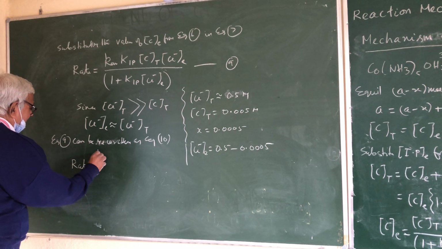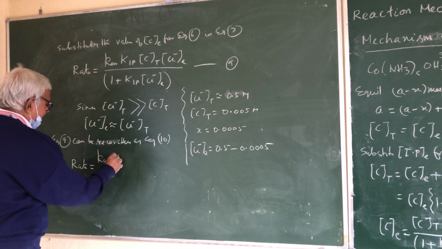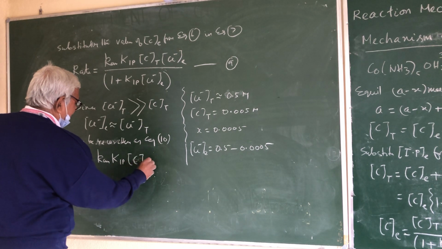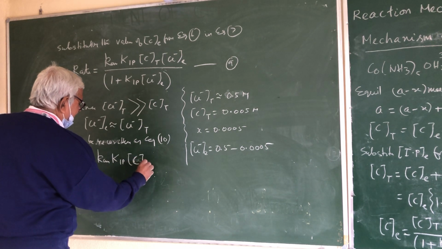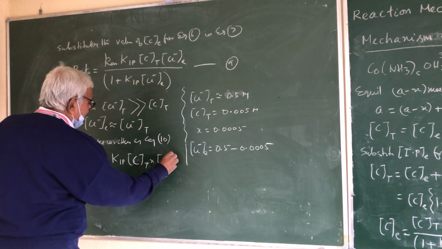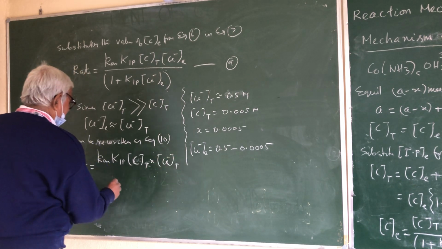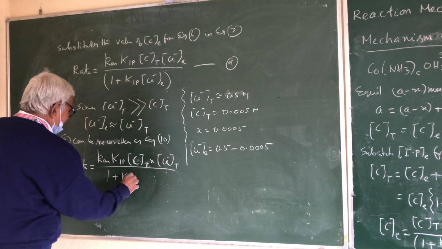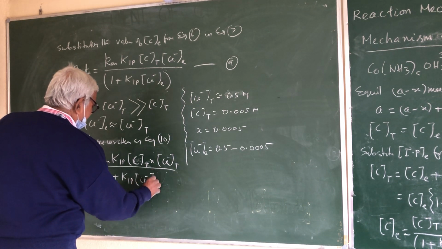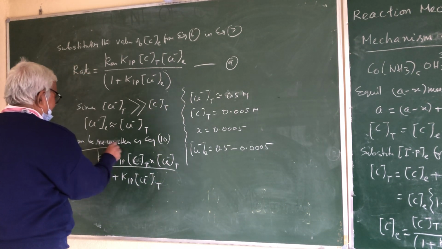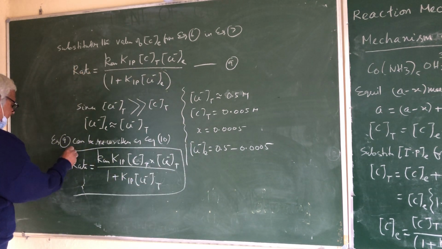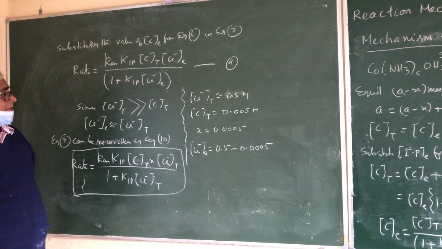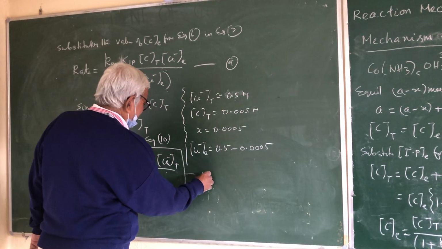So rate will be K Anderson, Ki, complex total into chloride total by 1 plus Ki into chloride total. What does this indicate? This is equation 11.